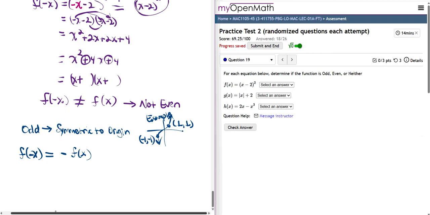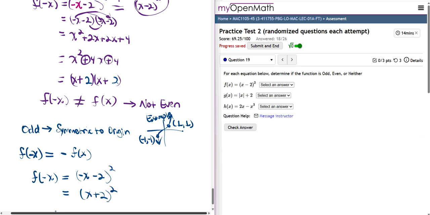So that's what we're checking for. We're checking to see if we take our function, which was x minus 2 quantity squared, and we put in a negative x, is the result, which we already worked out up here, and it actually came out to be x plus 2 quantity squared.